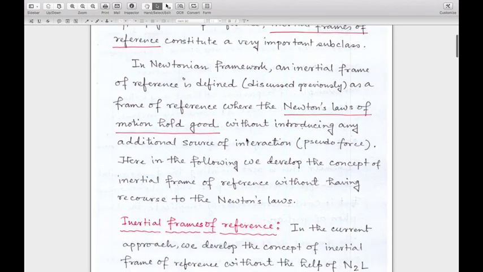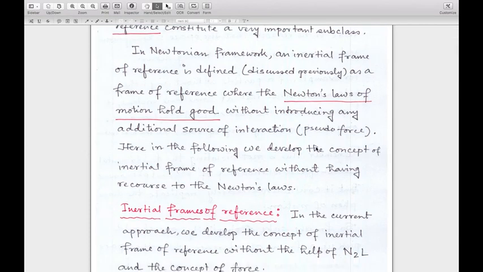Actually, we don't need to introduce any additional source of interaction like a pseudo force or any artificial thing in order to make Newton's second law valid, right? Newton's second law is automatically valid, naturally.